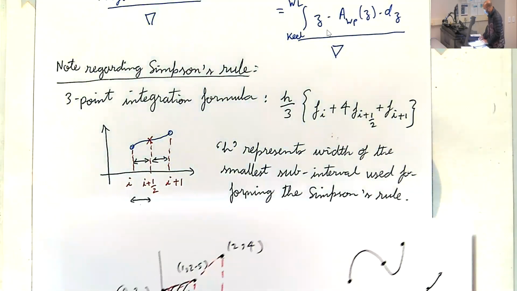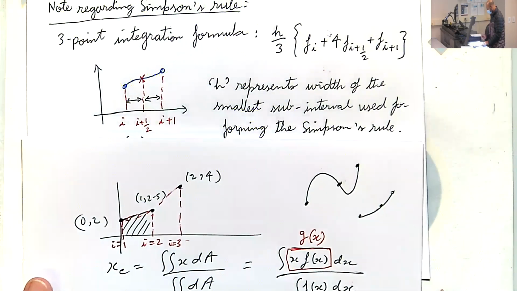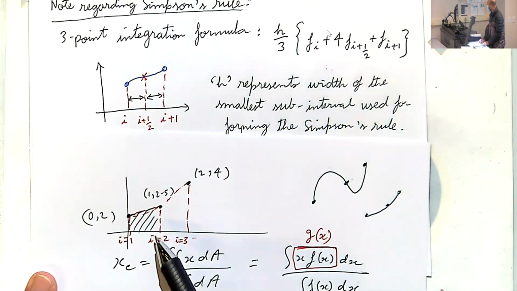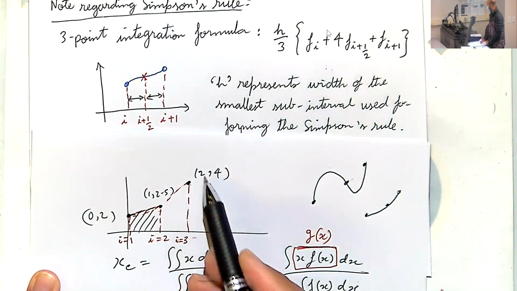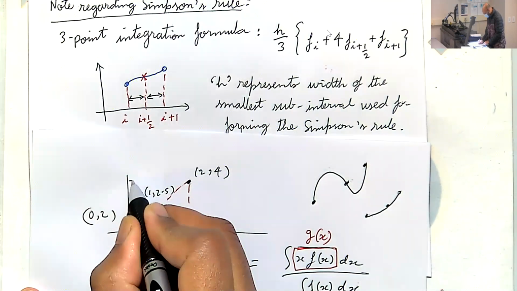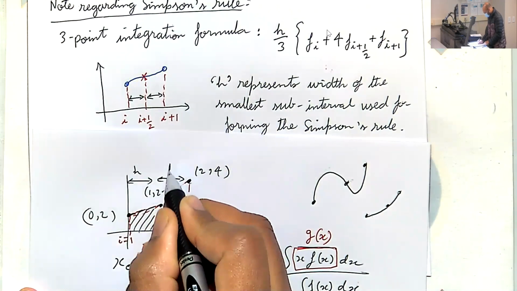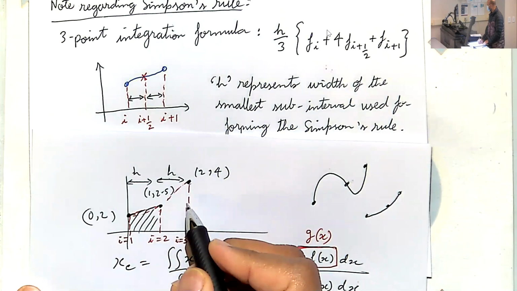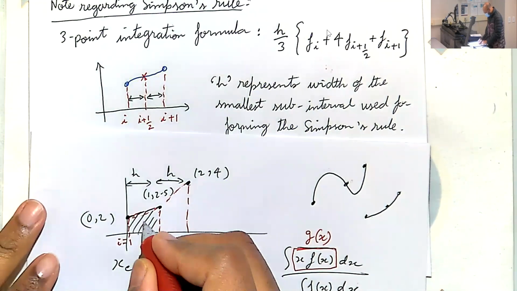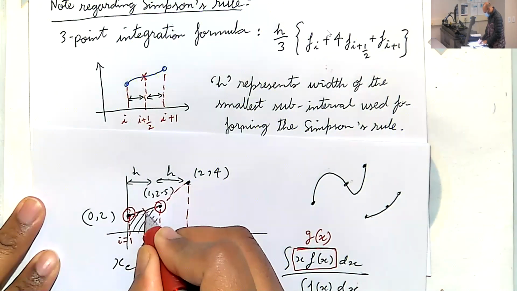Now let's come back to our example here, the question from the homework. What is h in this case? Give me the numerical value for h. Yeah, h would be this guy, right? So it's 1. We would have liked to use these 3 points, one here, another here, and one in the middle.